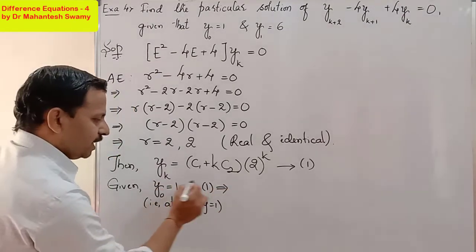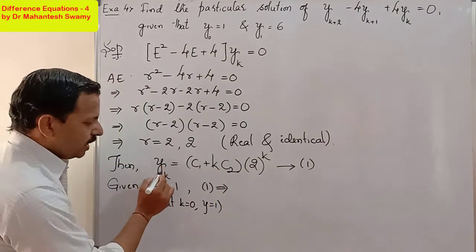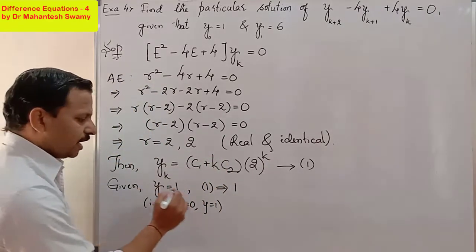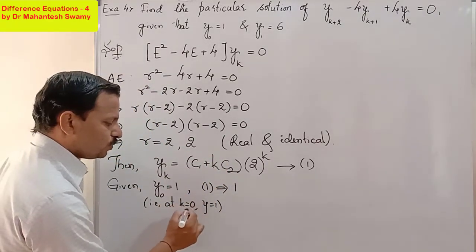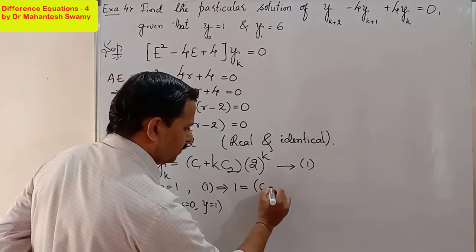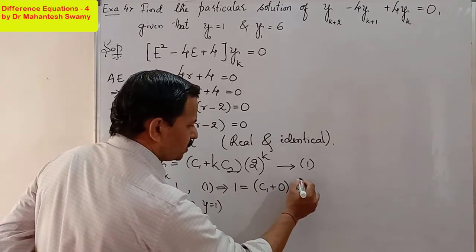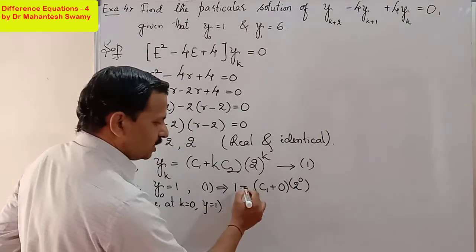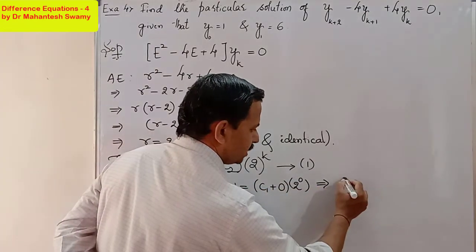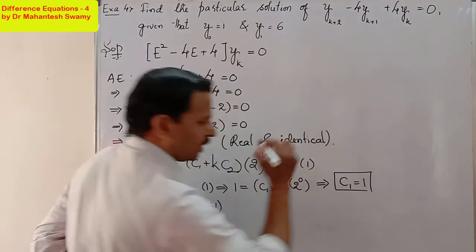When we use this condition in the general solution, y0 is 1, so it is 1 on LHS, and on RHS wherever k is there we put 0. So it is (c1 + 0 into anything is 0) into 2 to the power 0, which is of course 1. So this gives us c1 = 1.